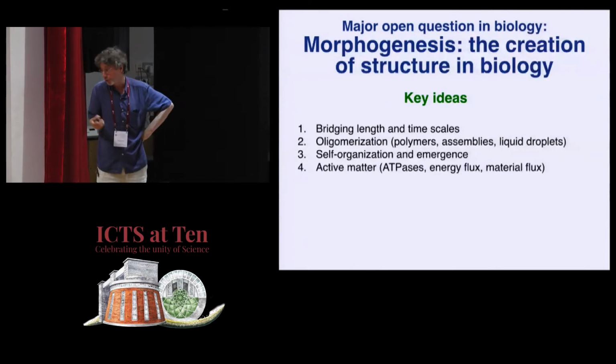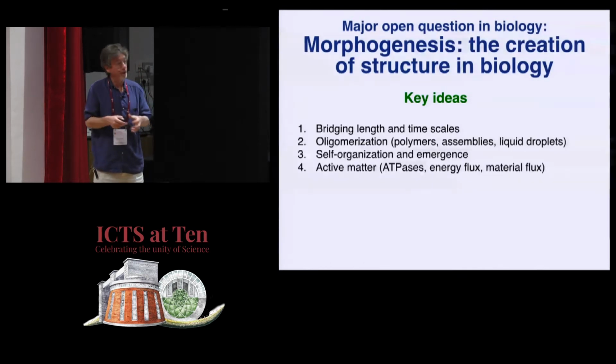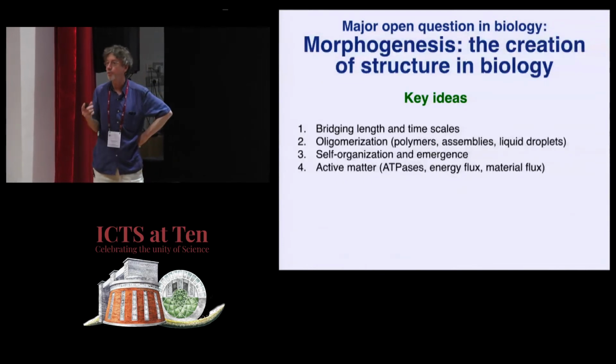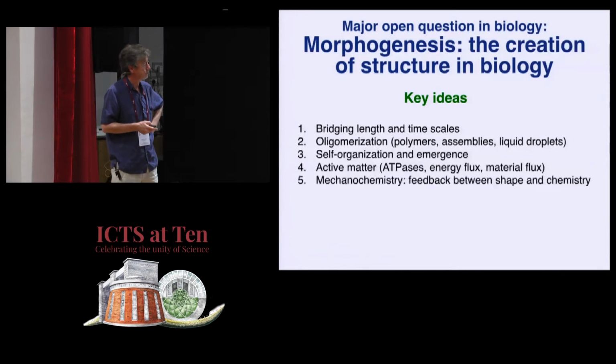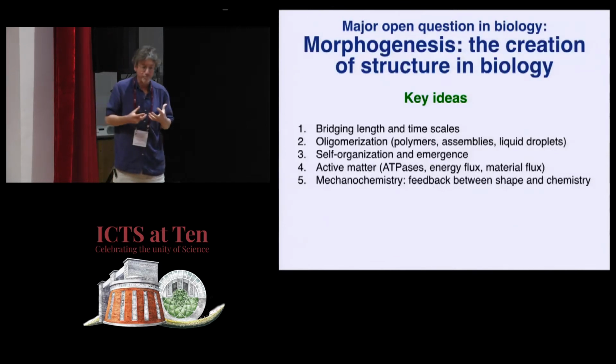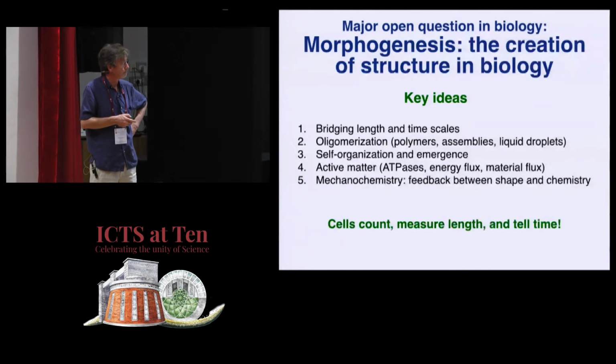Active matter, as we've just heard, is key here, and that's because biological structures are active structures, and energy and material are constantly moving through them. And finally, there's the mechanochemistry, and that is that you need to have some feedback between the shape or the morphology and the chemistry in order to know when you've built something and how you can maintain it in that shape.